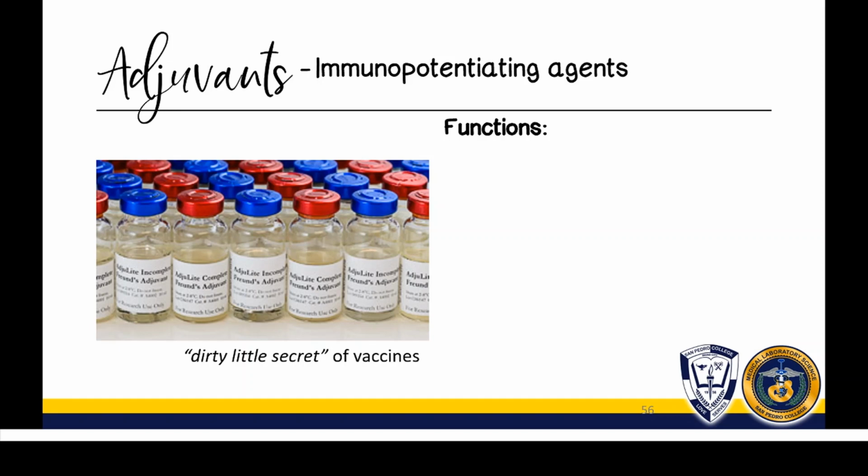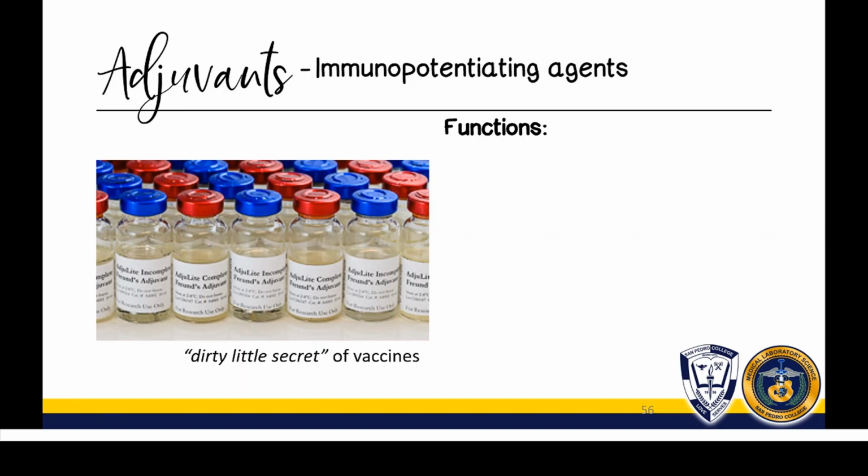For safety reasons, modern viral vaccines such as hepatitis B only use part of the virus and not the entire virus. And because only a part of the virus is used, that part is not that stable. It's not a very good immunogen, and that is why that kind of vaccine requires the presence of adjuvants.